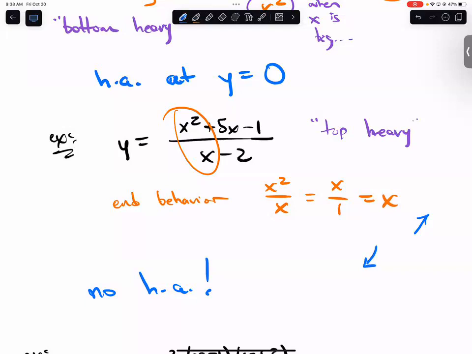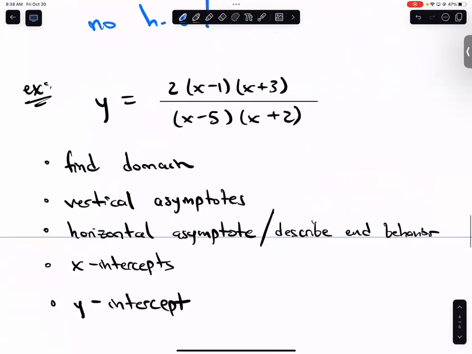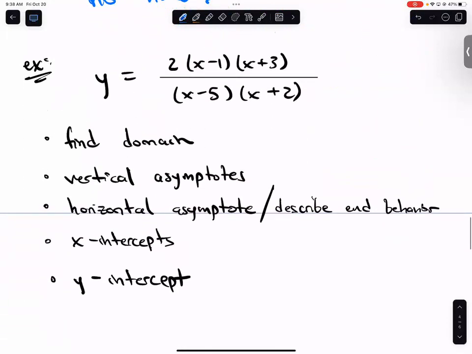So if I give you a rational function, these are things that you ought to be able to do. Find the domain, find the vertical asymptotes, or find any holes if there are any, but basically classify those discontinuities. Find the horizontal asymptote if there is one, or describe the end behavior and say it goes like that or like that if there's not.